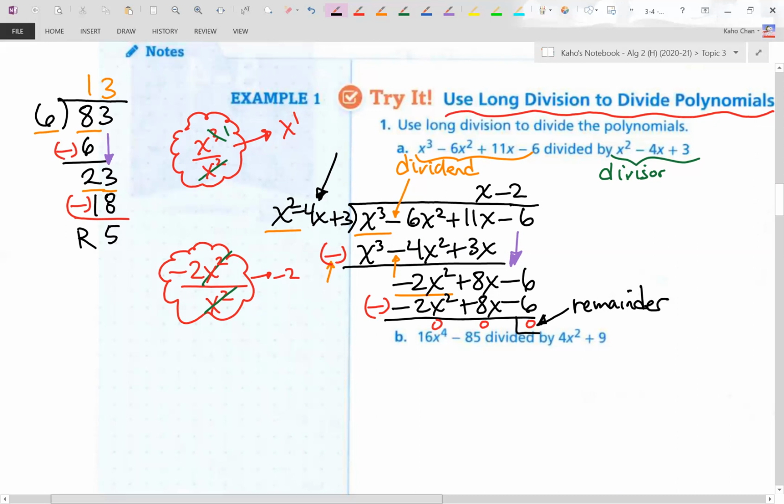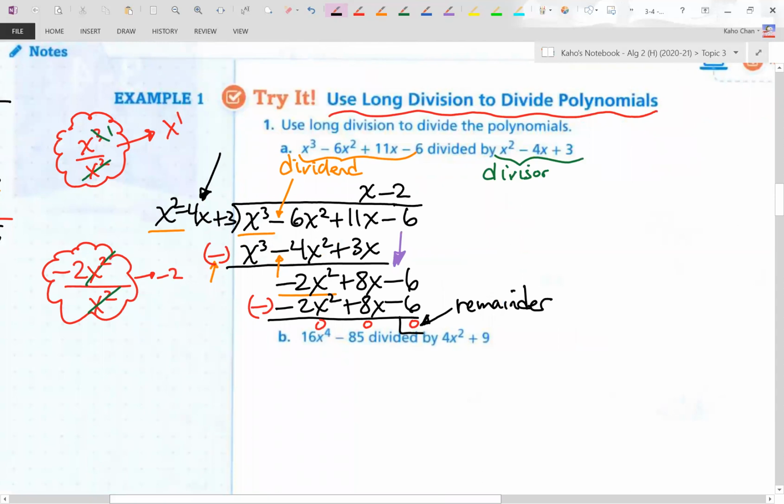Which means that x squared minus 4x plus 3 is a factor when you have a remainder of 0. That answer is, drum roll, x minus 2. And that's your answer. Remember what we're doing. Long division is just basically factoring, breaking things down.